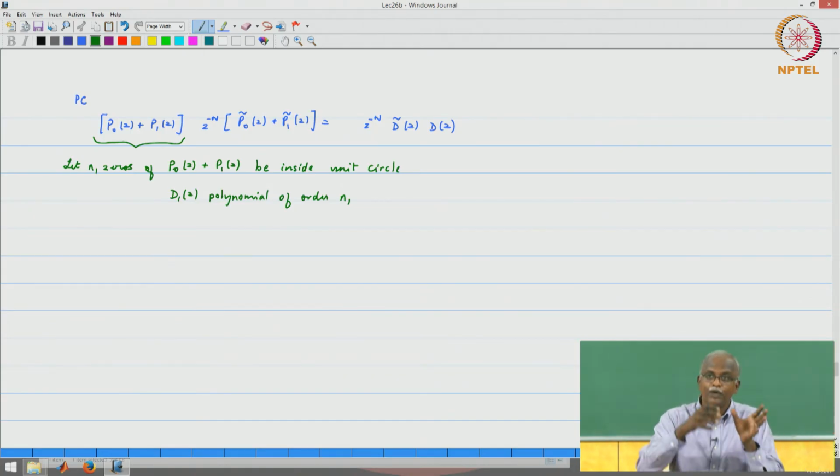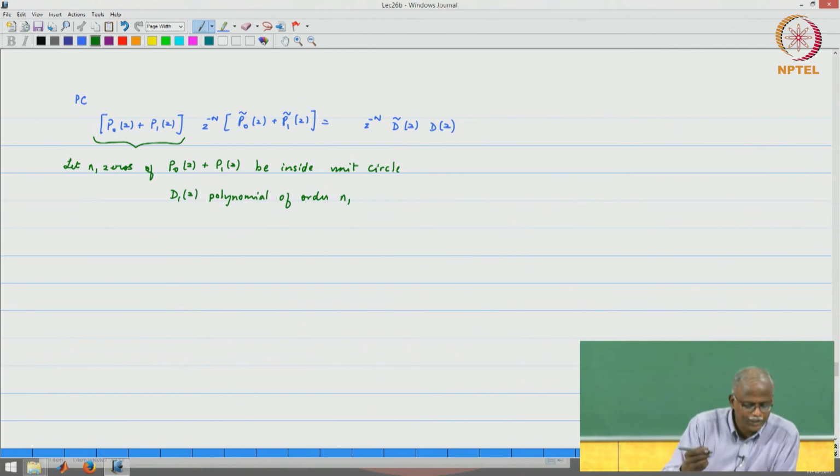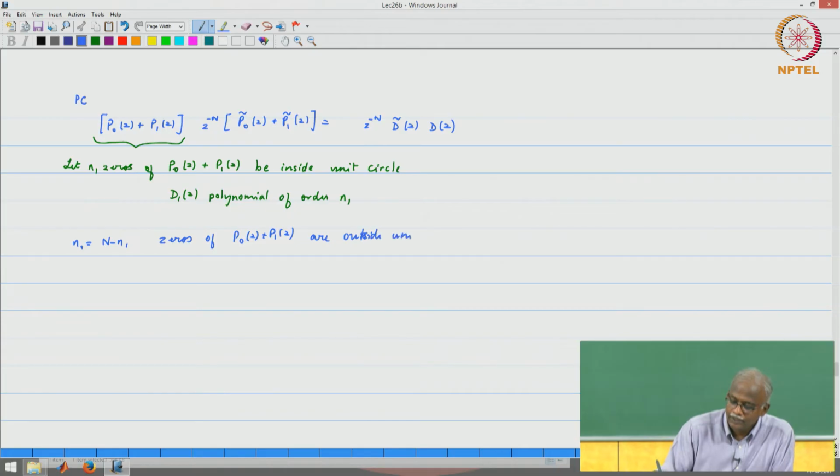Now P naught plus P1 has some zeros outside the unit circle. How many? Basically it has n naught equal to n minus n1 zeros outside the unit circle.